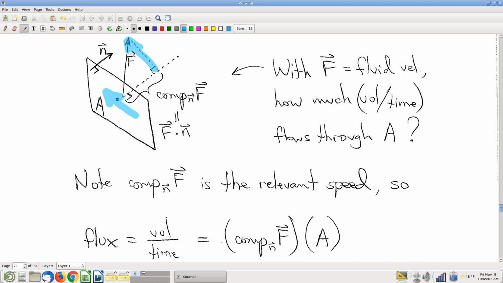Maybe our surface is a net, right? And we've got a net down there in the ocean, and the ocean current is pushing water through the net. Here's your net, right? To whatever extent the water is flowing perpendicular to the surface, that's what we want to keep track of.